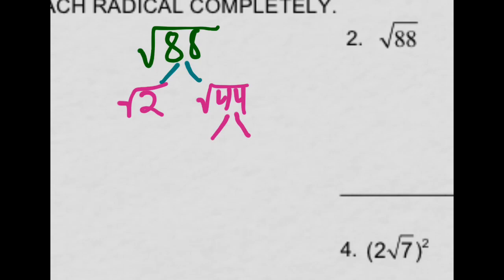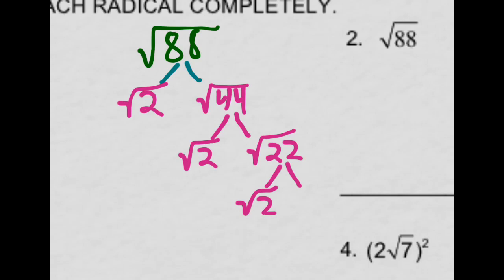Anytime it's even, and it's not 2, you can factor it out a little bit more. 2 times 22 is 44. Root 2 times root 11 is 22.